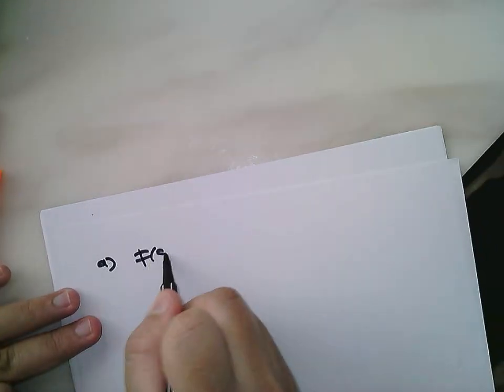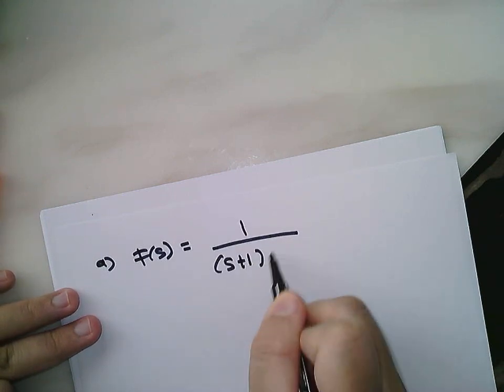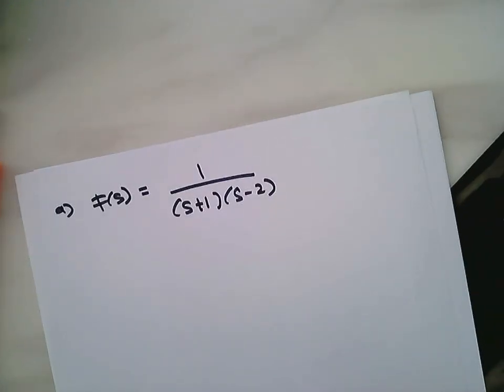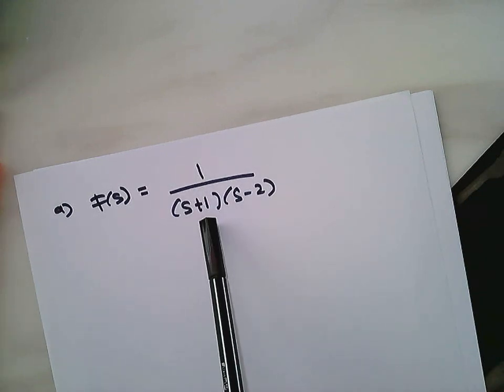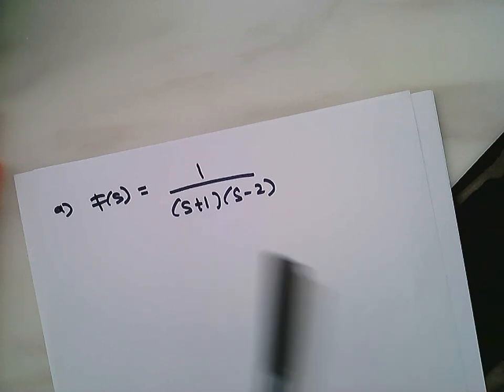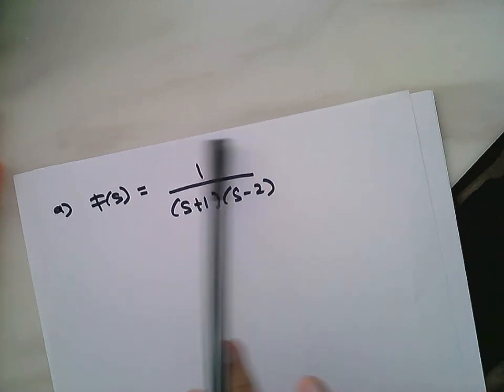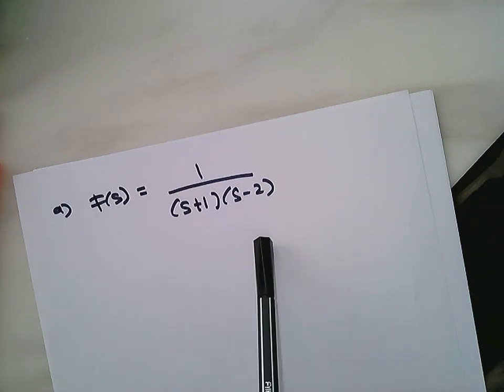Let's say you have this function: F(s) equals 1 over (s + 1)(s - 2). We need to apply properties of inverse Laplace transform because you cannot get the inverse of this function directly from the table. That's why we are using properties. As you take a look at the function here, the only property that is suitable to use is partial fraction or rational function.